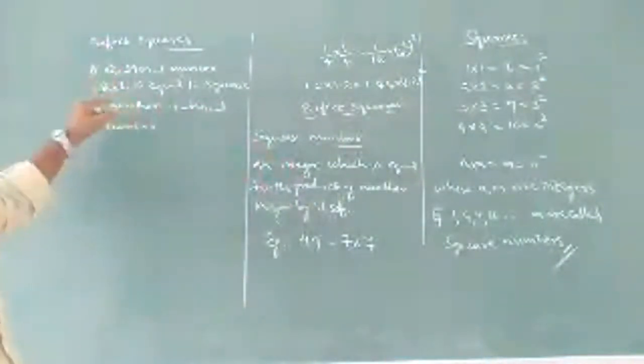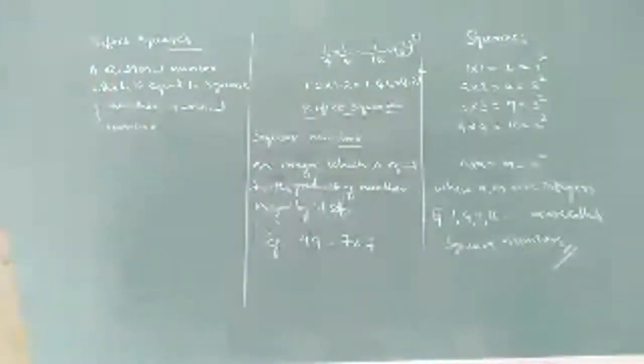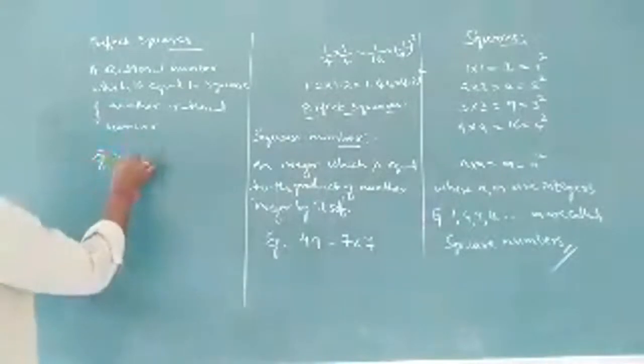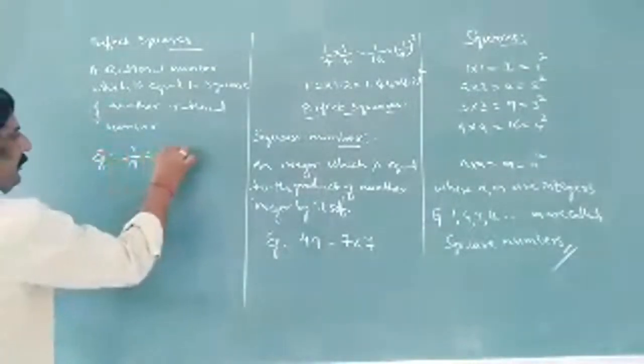A rational number which is equal to the square of another rational number is nothing but a perfect square. Example, you may take any of the examples. 1 by 9 can be written as 1 by 3 into 1 by 3.